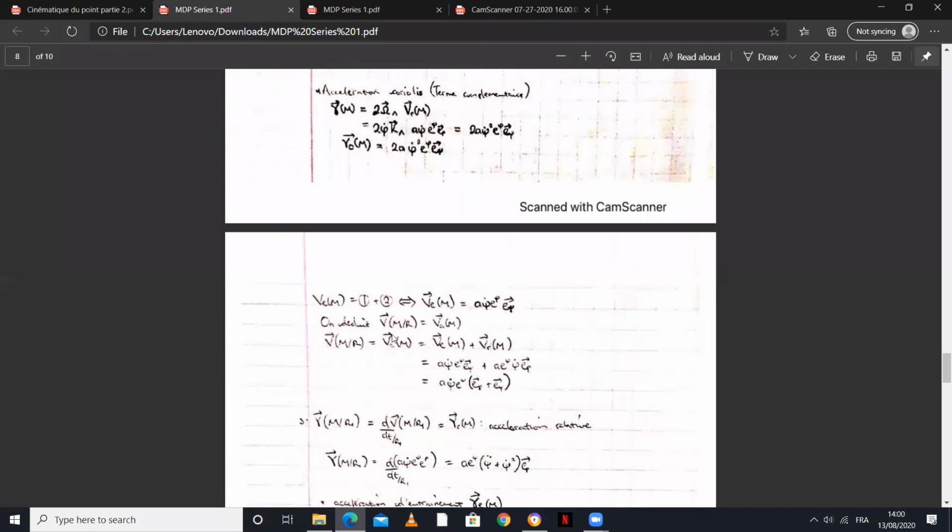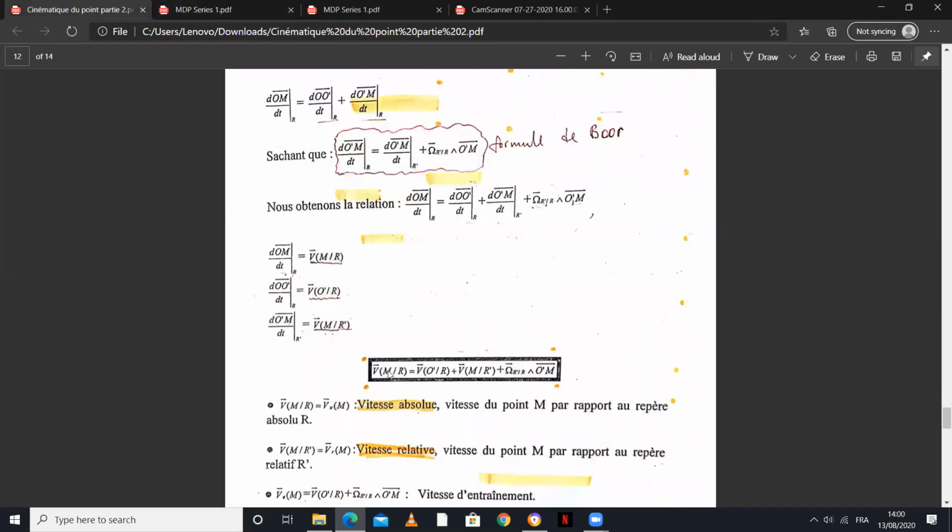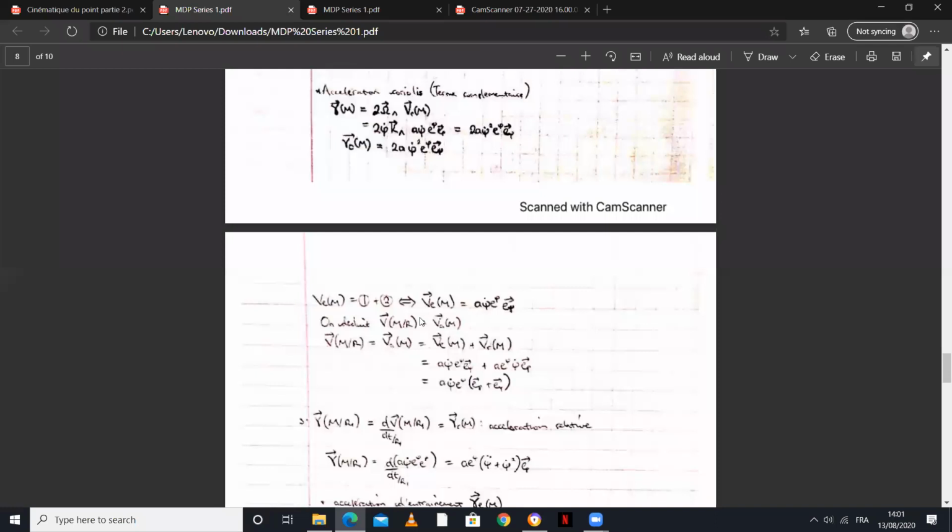And then they told us to further deduce the vitesse absolue. From the formula we have in our notes, we know that la vitesse absolue, which is la vitesse du point M dans R, égale la vitesse d'entraînement plus la vitesse relative. We have calculated both vitesse d'entraînement and vitesse relative.